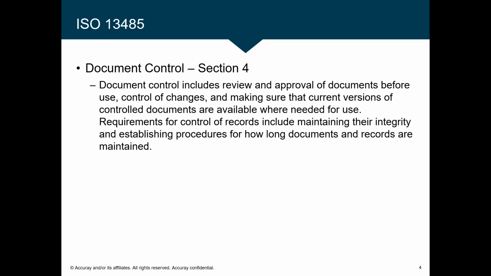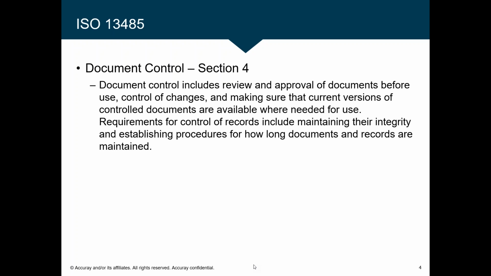But labeling, so IFUs, product labels, anything that ships with the product, in some cases quick reference guides, kind of depends on how you're approaching it on your product, they need to be controlled under the 13485 document control. So what this includes is a review and approval of all documents before they are used, and always ensuring that the current versions are available.